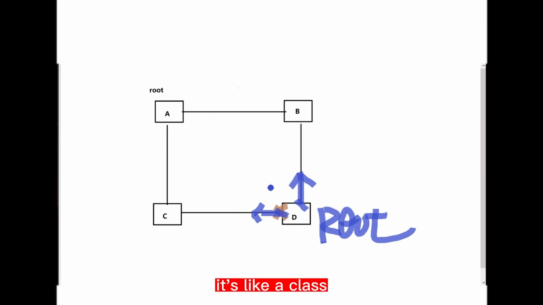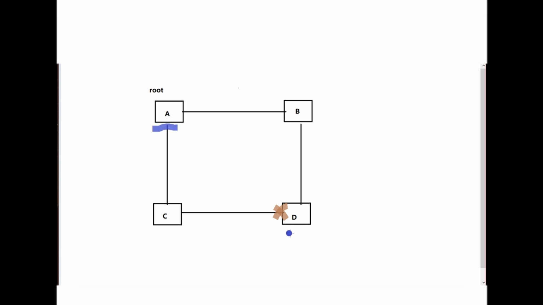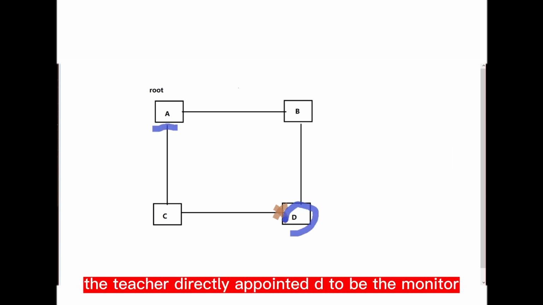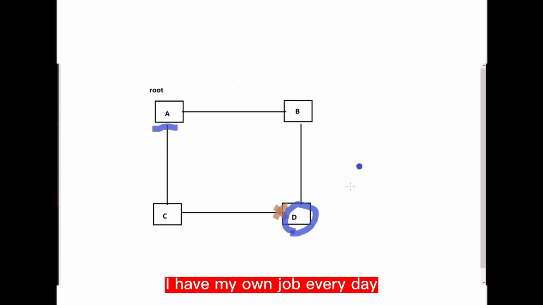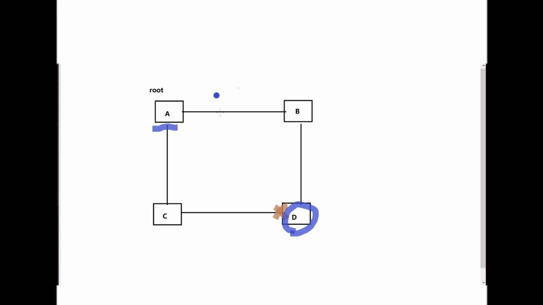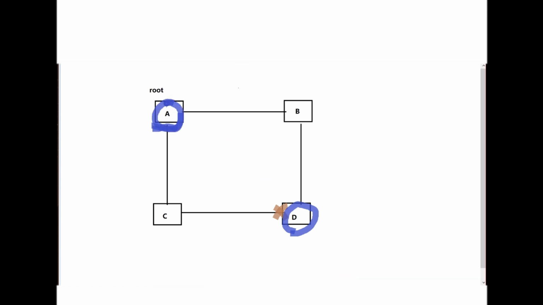It's like a class. It turned out that this one was the monitor of the class. One day the teacher directly appointed D to be the monitor. As a monitor, I have my own job every day. Now there are 2 monitors. It's embarrassing, and serious for the environment.